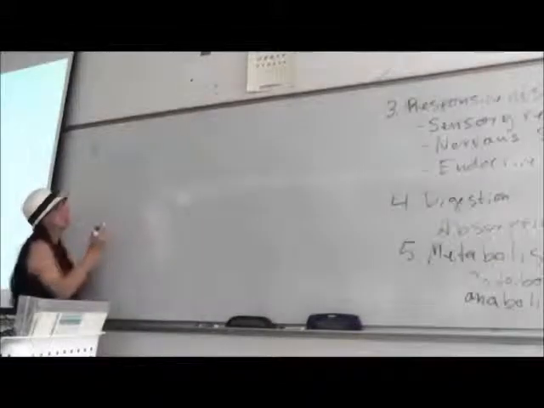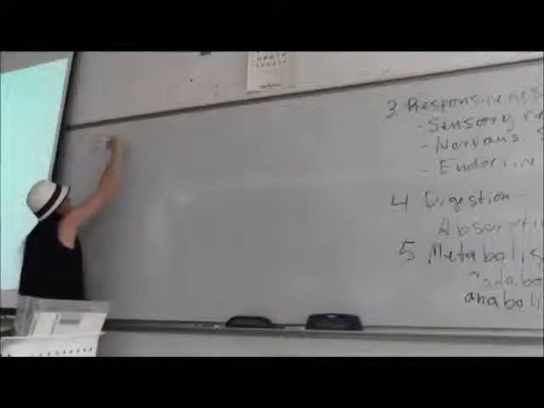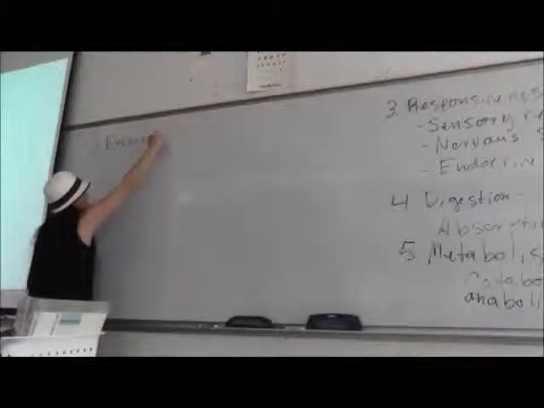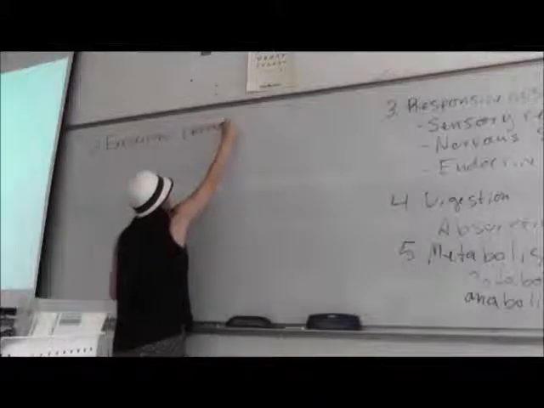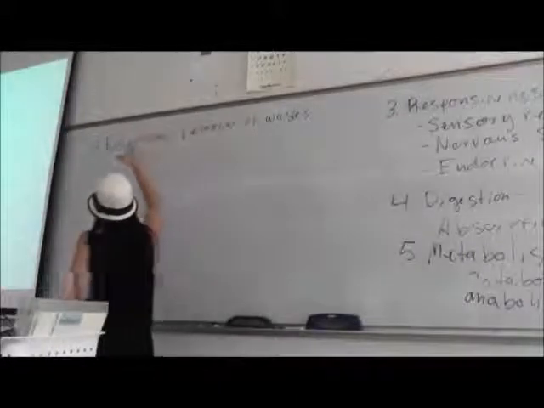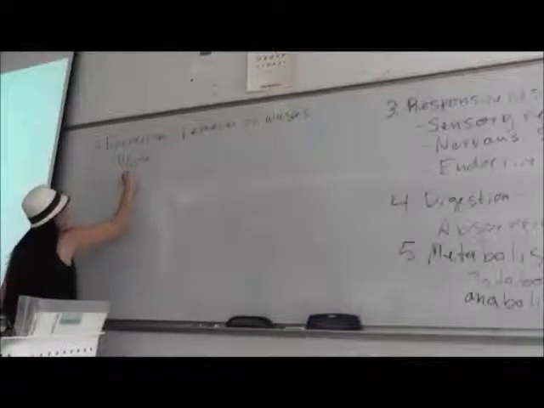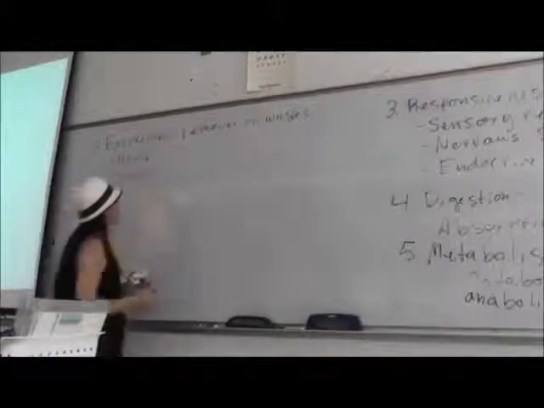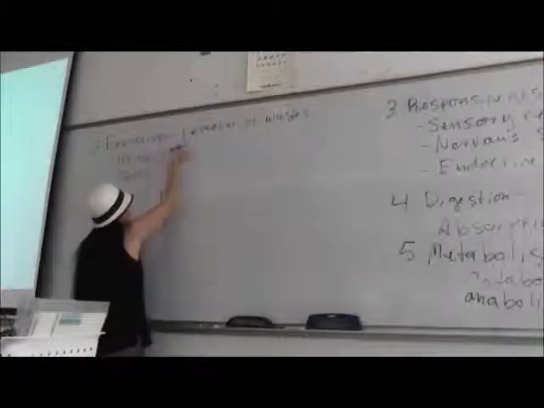So the next thing that living organisms need to be able to do to function is excrete waste. So excretion is another necessary life function. And this is the removal of waste materials. And we do this through urine and feces. So urine is going to pull out waste from the blood, or excrete waste that are in the blood.